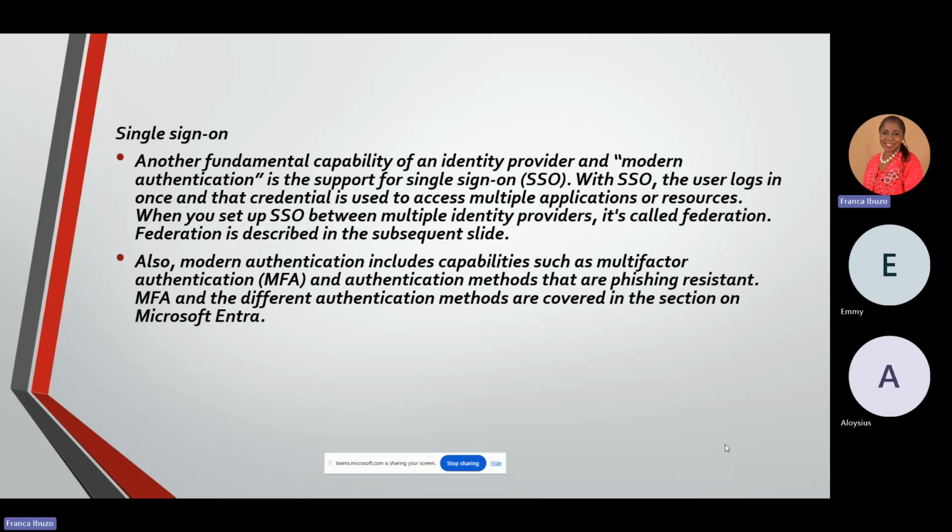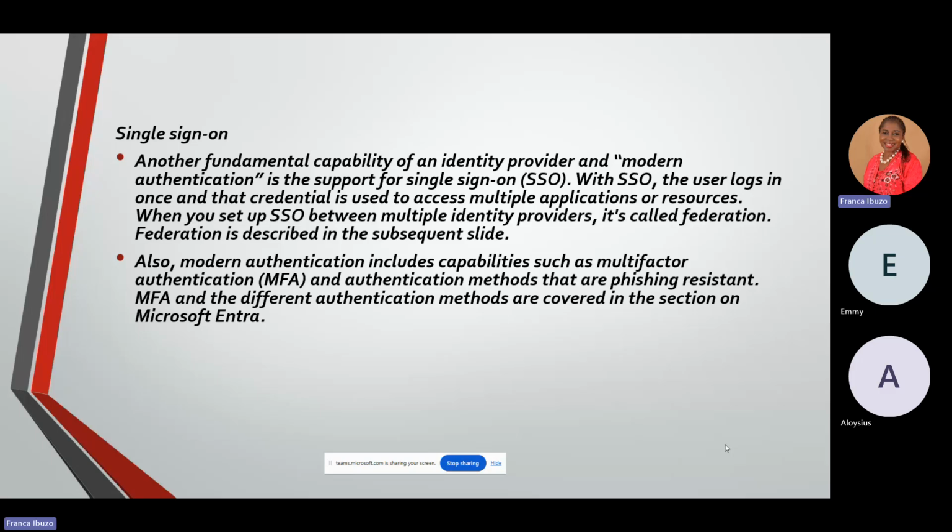We'll also look at, okay, here. Modern authentication also includes capabilities such as multi-factor authentication. We've come across multi-factor authentication. We know what that is. You remember what MFA stands for?